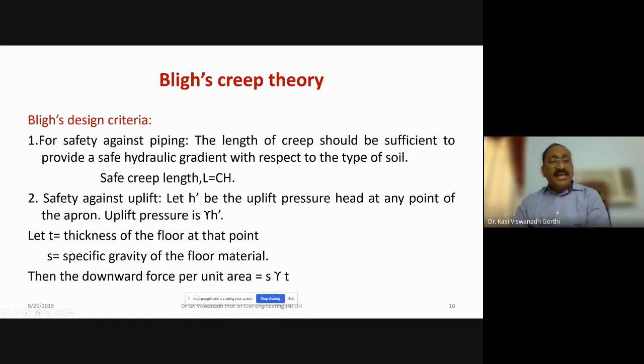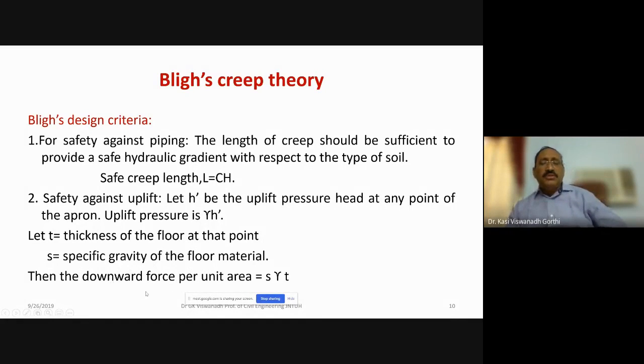For safety against uplift, let H dash be the uplift pressure head at any point on the apron. Then uplift pressure will be equal to gamma into H dash. If T is the thickness of the floor at that particular point and S is the specific gravity of the floor material, then what is the total downward force which is coming?